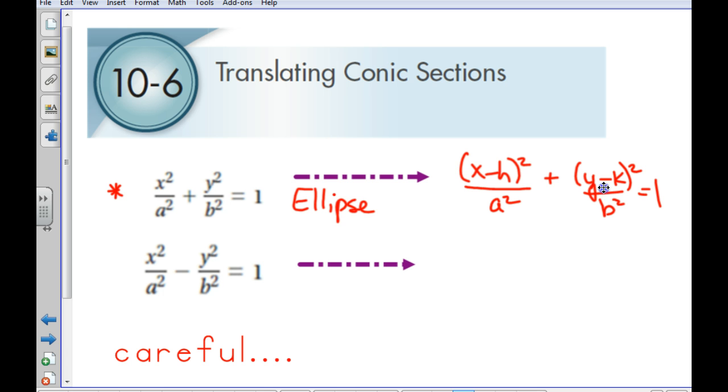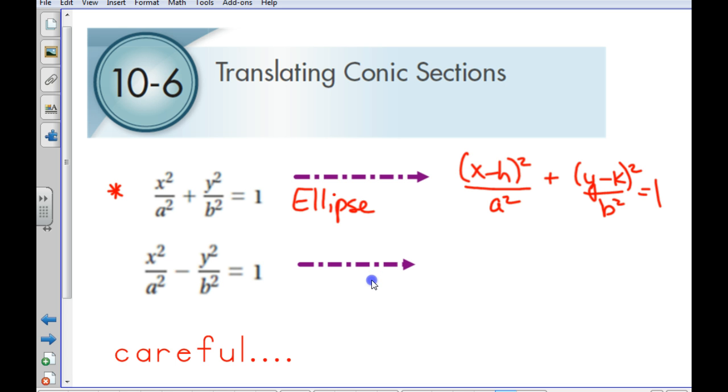The issue comes with the fact that now the stretch for the vertices and the co-vertices and those kind of things are also no longer starting from 0, 0. When I say we go over 3 or up 2 or something, it's now not centered at 0, 0 anymore, so it becomes a little more complicated. That's why you get to keep the orange sheet and use it on the quiz, okay?